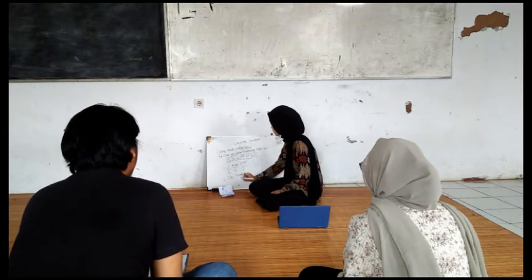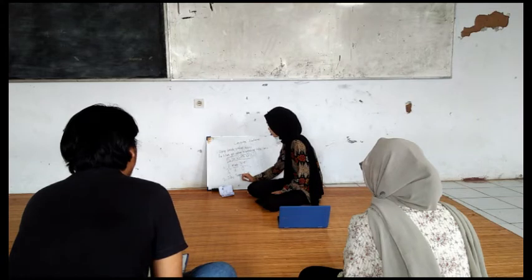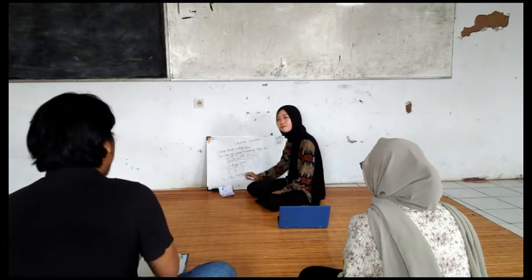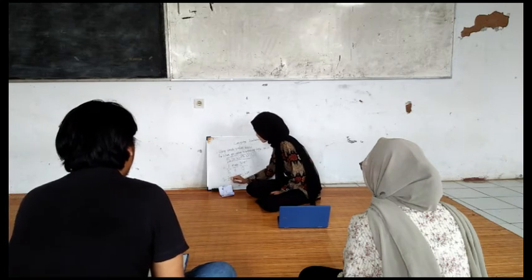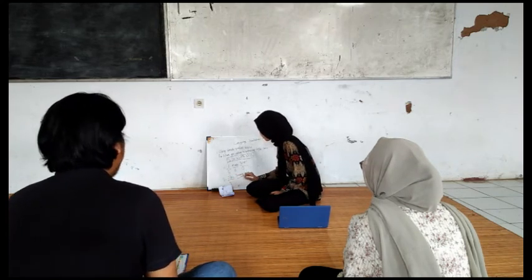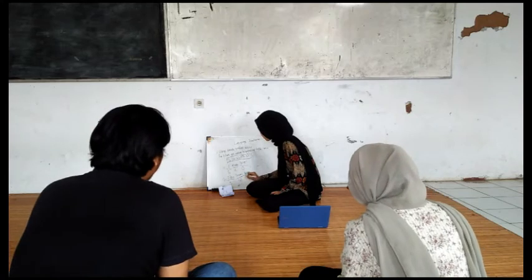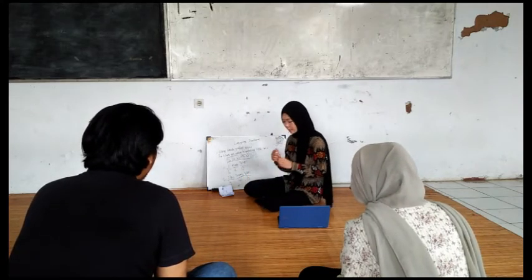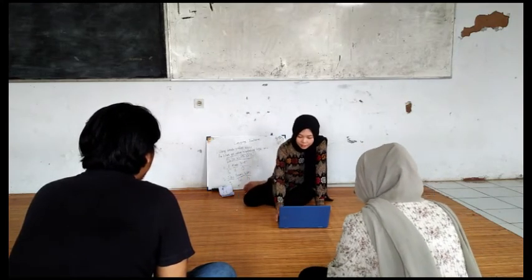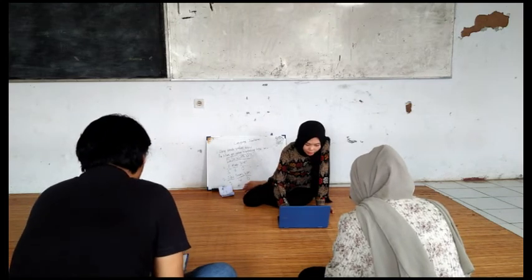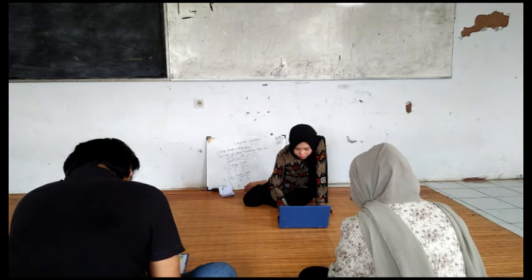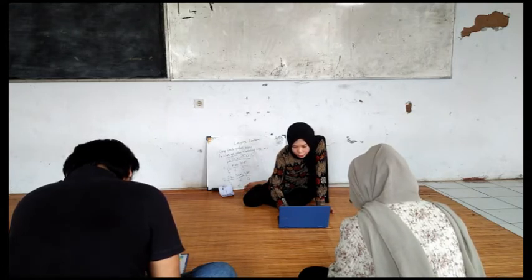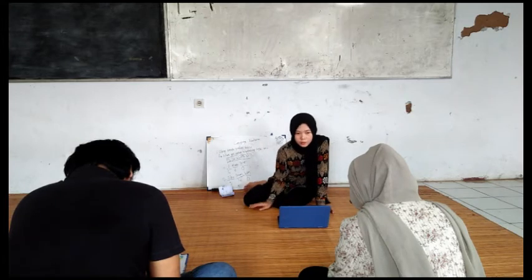Why is this adding s? Because the subject is she. Yes. Thank you. So, subject, verb one, and object. Okay, now let's see the example of the exposition of why should we continue our study to university.